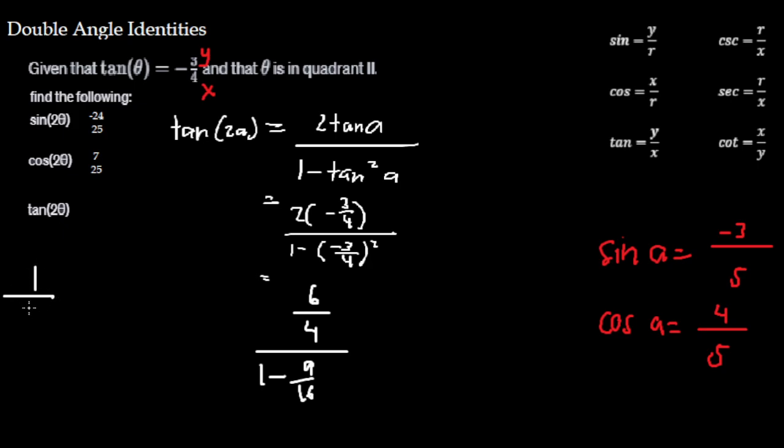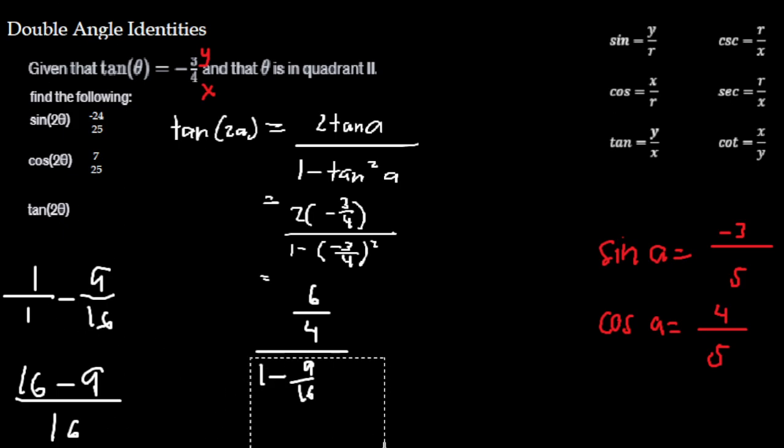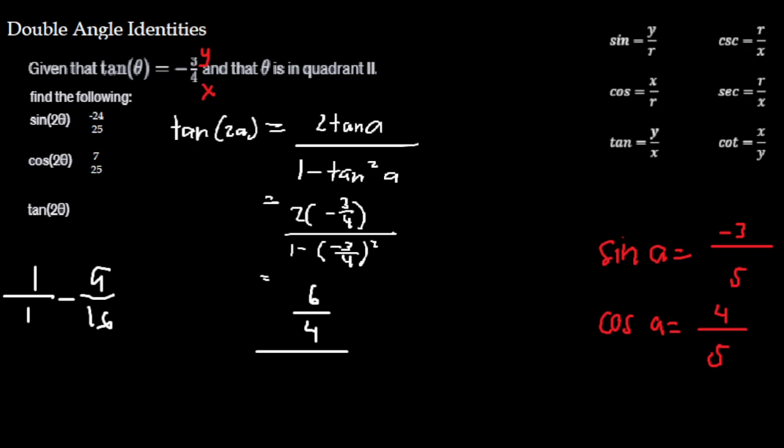Ang LCD niya is 16. 16 divided by 1 is 16 times 1 is 16, minus 16 divided by 16 is 1 times 9 will be 9. 16 minus 9 is 7. So, ang ating denominator is 7 over 16.